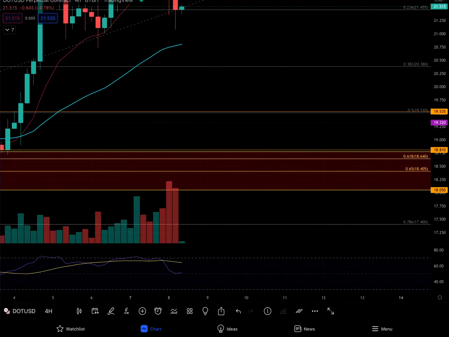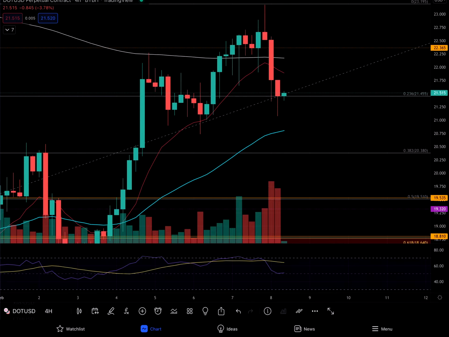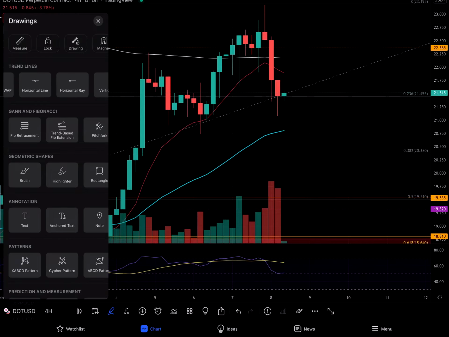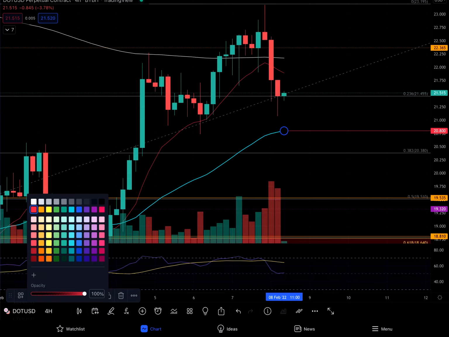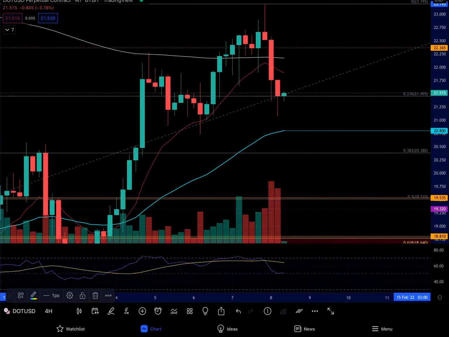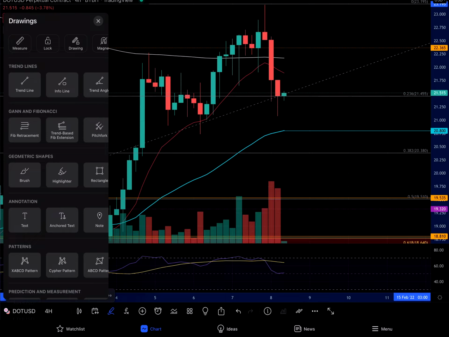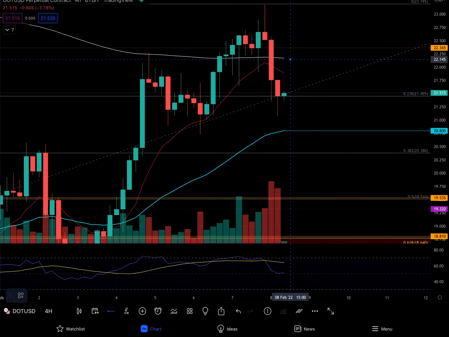If that's the case, let me mark that 50. This is the 4 hour. It won't move a whole lot, but I can always move this line. Let me do the horizontal ray. You get right on that 50, pop it in there, change it to match the color. And our resistance above is going to be this 200 moving average.